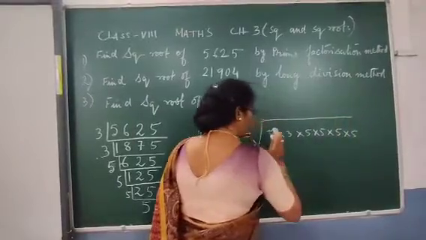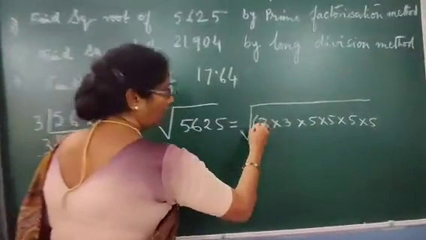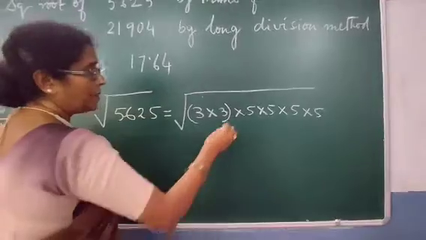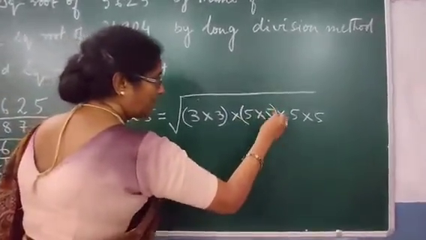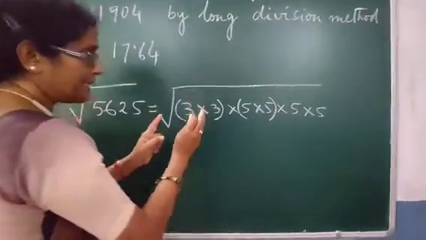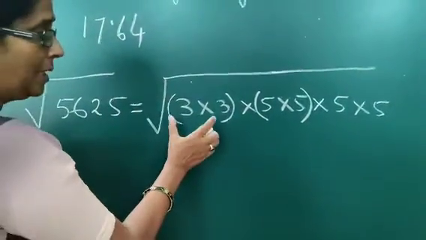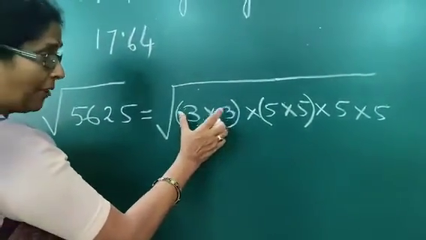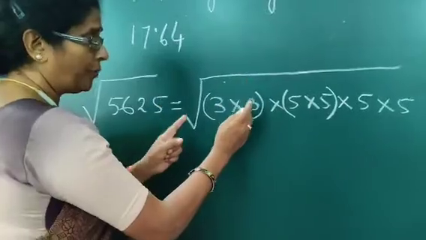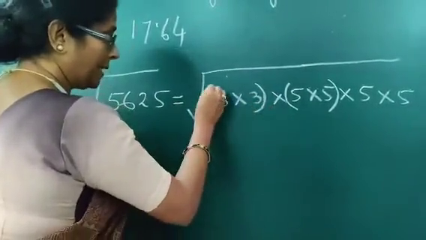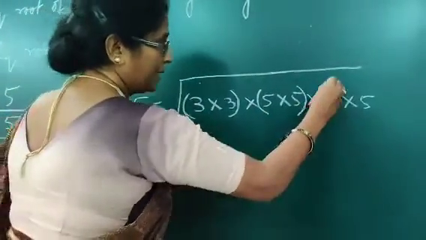Now children, when we are finding a square root, we have to separate the same prime factors by brackets. Two same prime factors we have to take separately in a bracket.